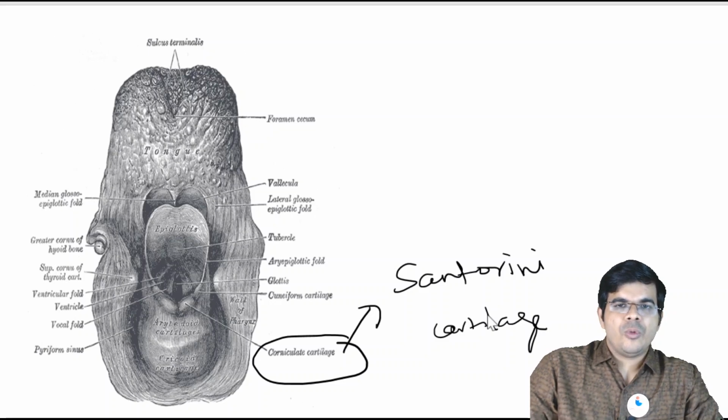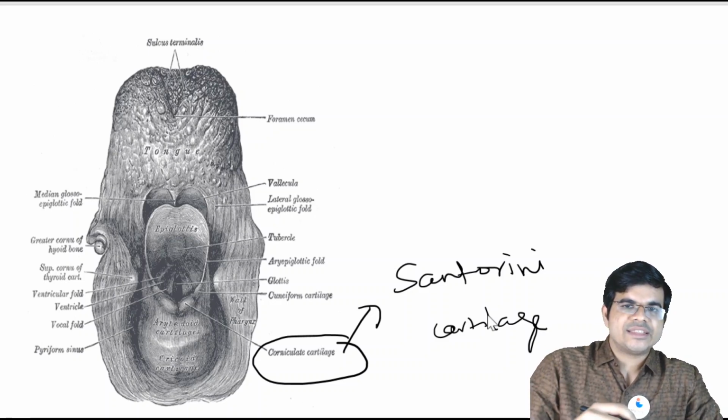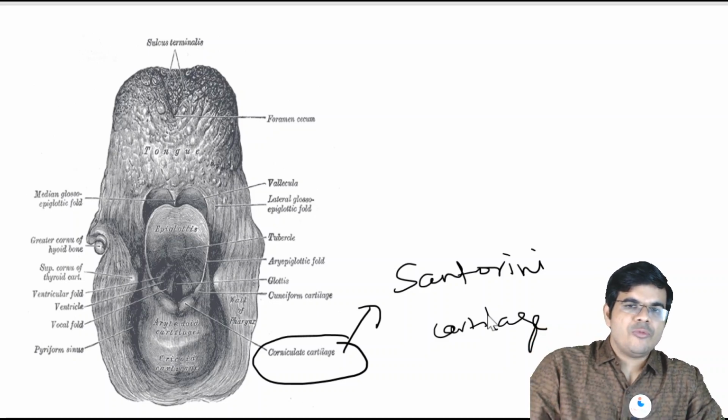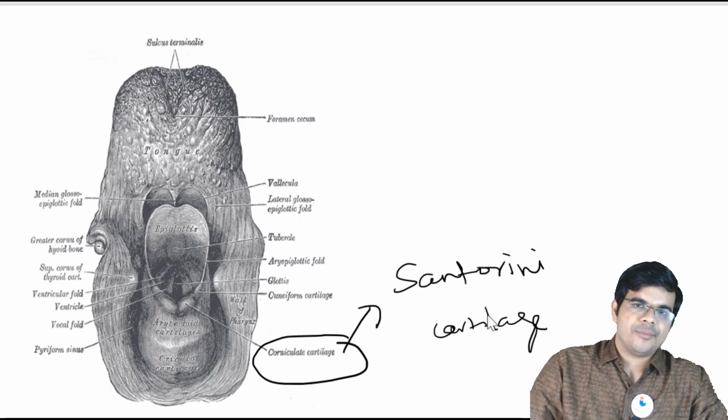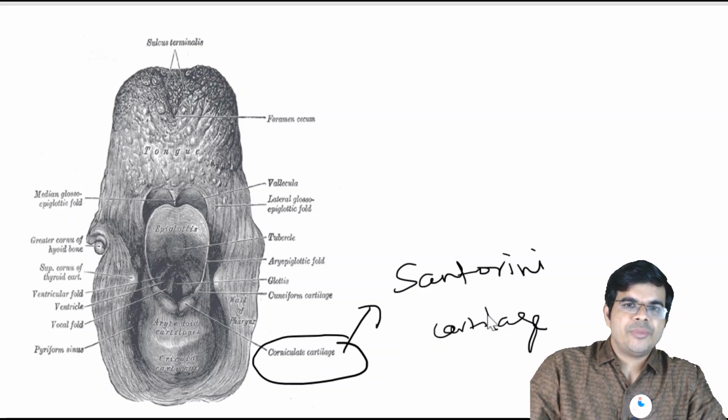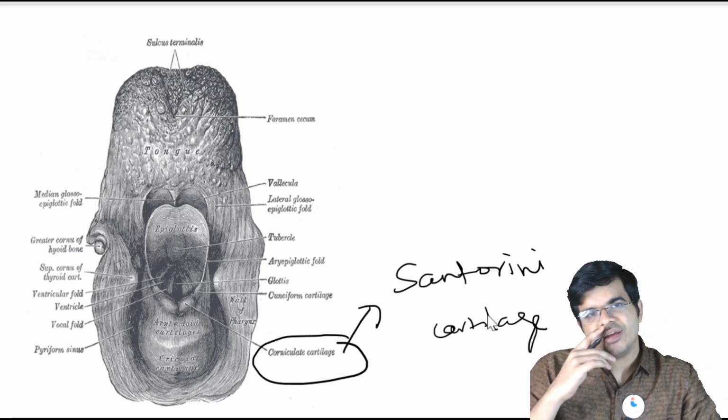Okay, if you are able to correlate like this, that is, if you are able to think about the other area where you learned about it, then it will be easy for you to remember things. For example, if I say vestibule of the ear, you might be thinking about vestibule of the nose as well, isn't it?